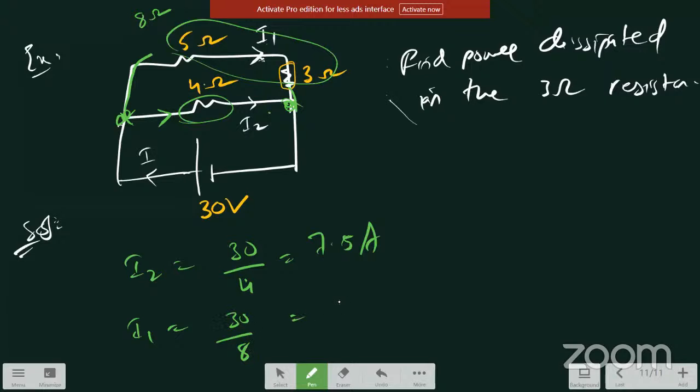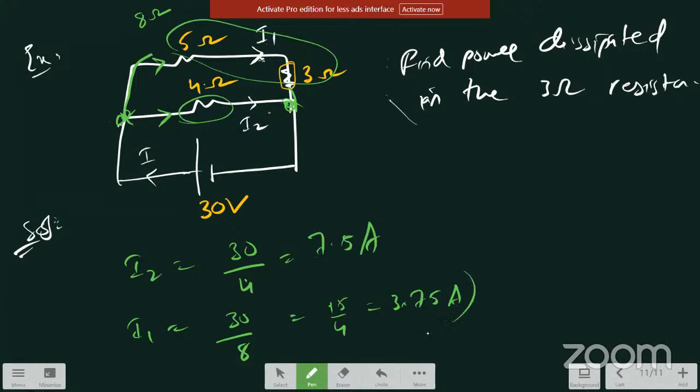And here you will get the value as how much? 15 by 4. 15 by 4 can be written as 3.75 ampere, right? I hope it is correct. Is it correct or wrong? Current passing through this branch is found out in one step.